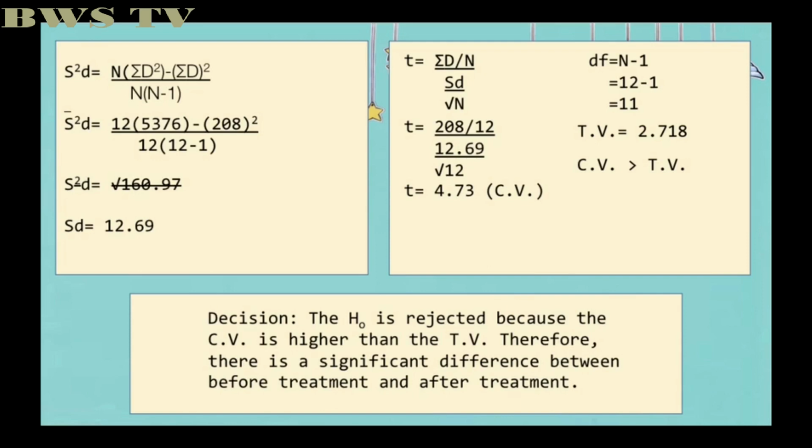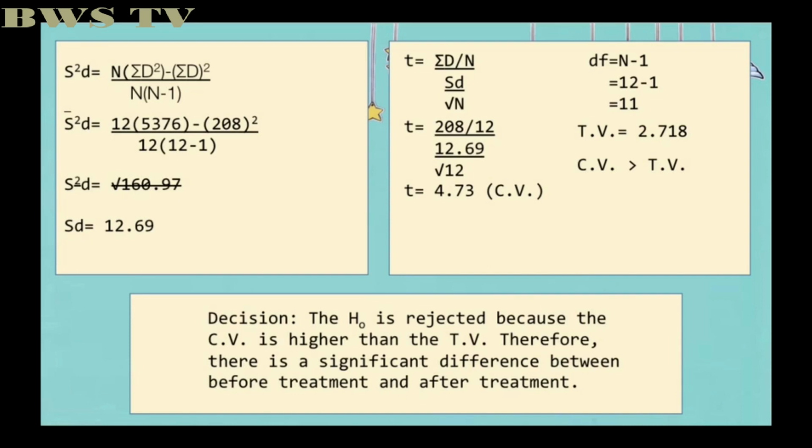Next is to find the t: summation of D over N over SD over square root of N. That is 208 over 12 over 12.69 over square root of 12, which is 4.73, our computed value.